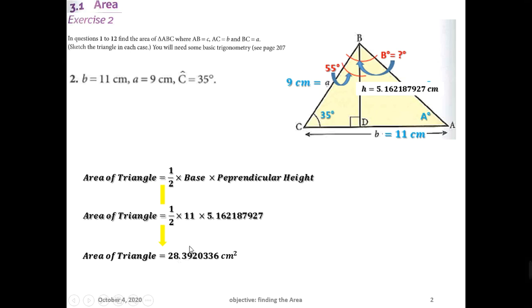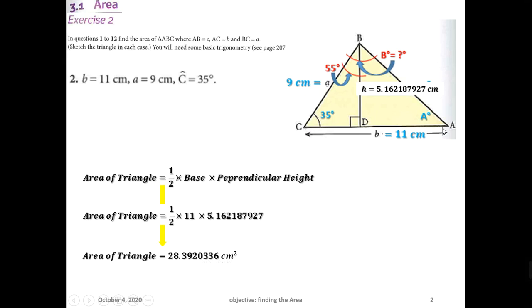Stop at the 3, look at the right. 9 is going to bring my 3 up to 4. So the final answer is 28.4 centimeter squared. And remember, the area is always calculated in millimeter squared, centimeter squared, meter squared, etc. And this is the area of the triangle.